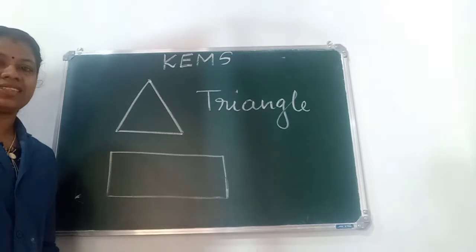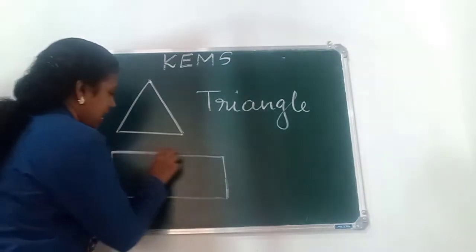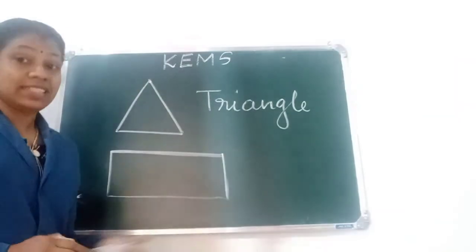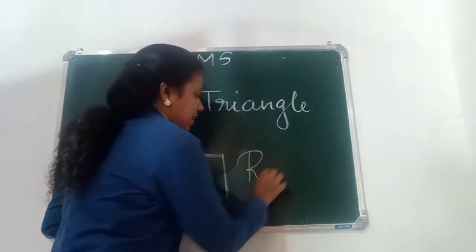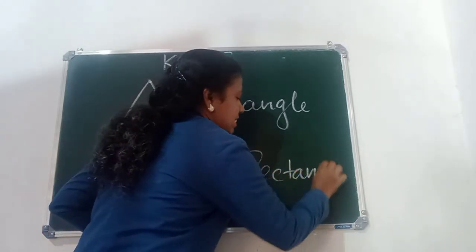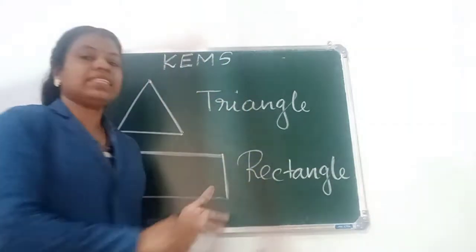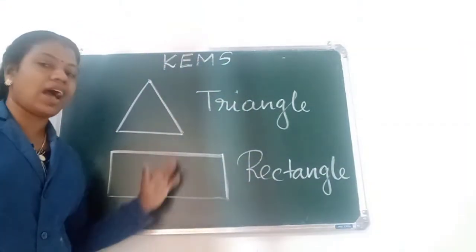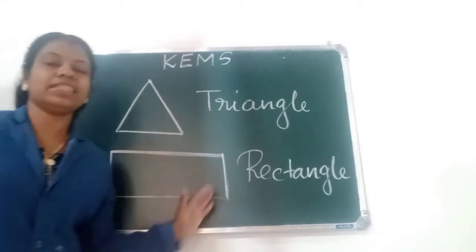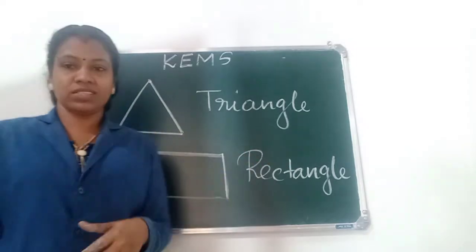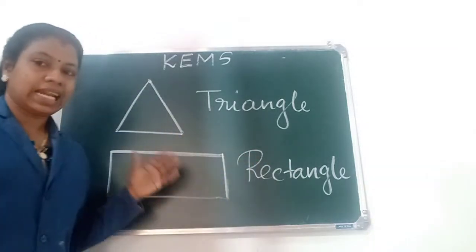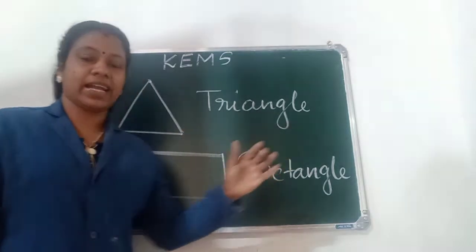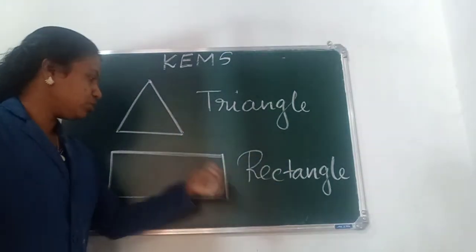What is this? This is a rectangle. A rectangle is a four-sided figure and it has four corners also. 1, 2, 3, 4.